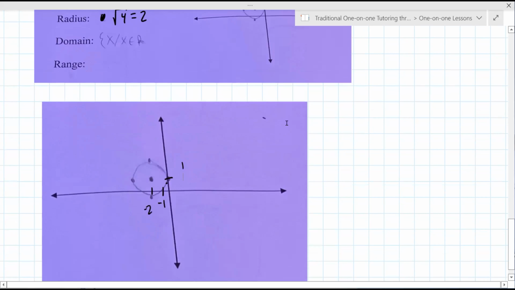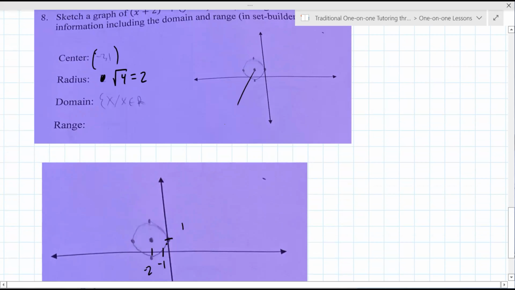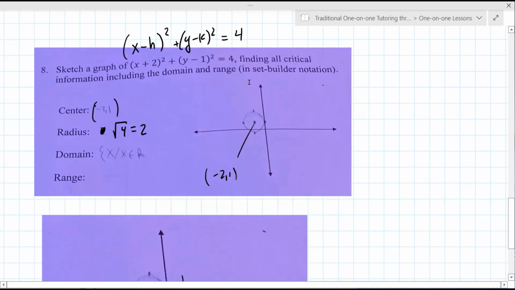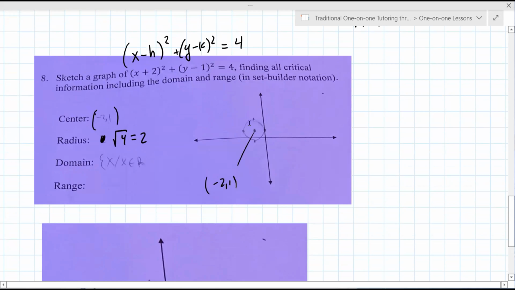Because I don't know where these points are. If you had labeled the center, minus 2, comma, 1, then when you go up 2, that's affecting the y value, so that's minus 2, comma, 3. Going down 2 from the 1 is minus 2, comma, minus 1.